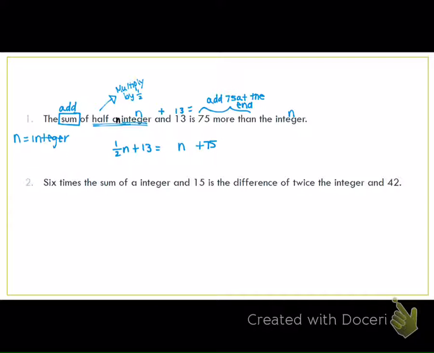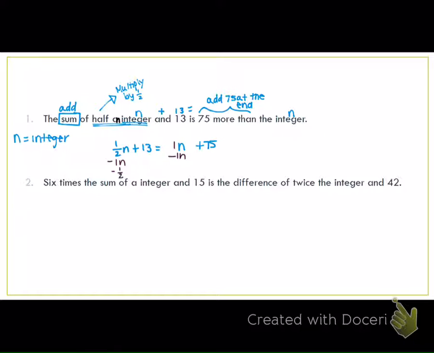All right, so then we solve it. I subtract n on both sides, so it's like there's a 1 in front of this. So if I do a half minus 1n, what do I get? You can put it in your calculators if you need to. What is a half minus 1? Myra? Negative 1/2.